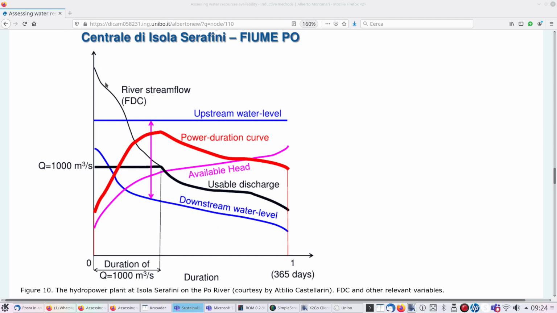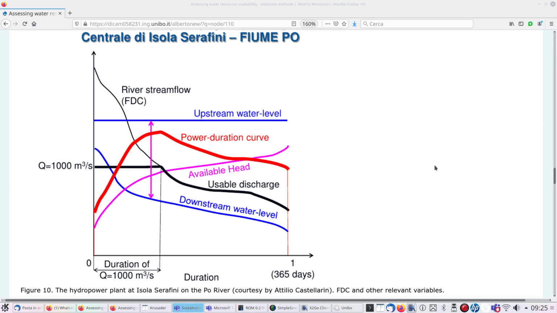You can see here in black thin line the flow duration curve of the river streamflow unimpacted. Again, it's the black thin line. With the black thick line, you can see the flow duration curve of the flow that is used for producing hydropower.